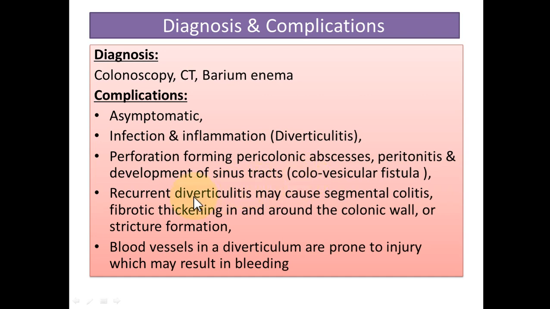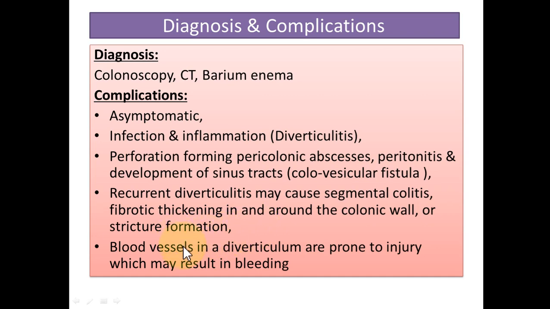The repeated happening of diverticulitis may sometimes cause segmental colitis. And since chronic inflammation is involved, and we know that in chronic inflammation, scar tissue formation and fibrotic thickening will occur, there can be fibrotic thickening in and around the colonic wall. And this may lead to the formation of strictures which on occasions may cause intestinal obstruction.